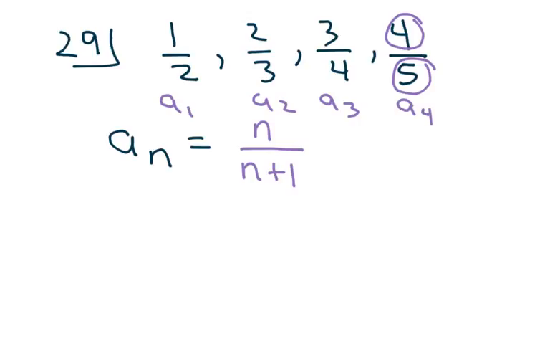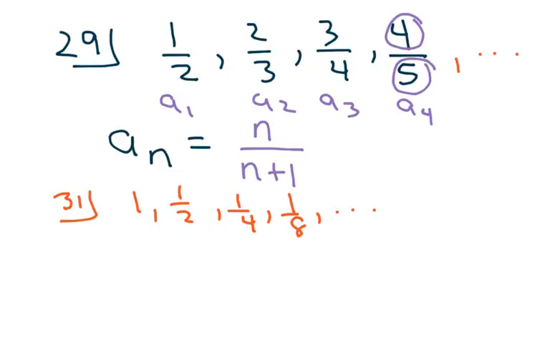Let's do another one. Let's try 31. Let's see if I can fit it all in here. I'll write a little smaller. 31. We have 1, 1/2, 1/4, 1/8, and so on.